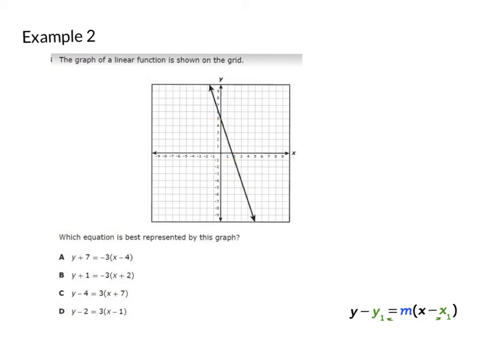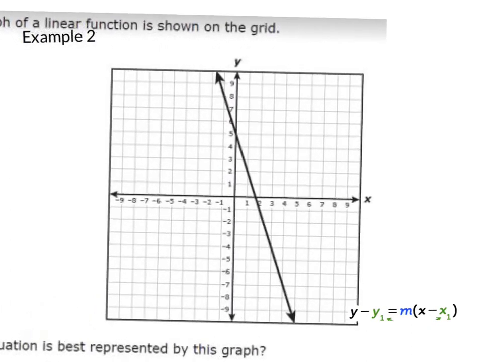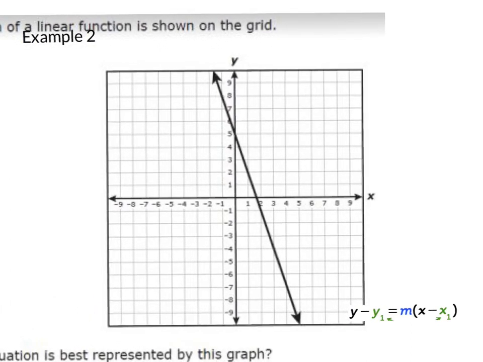Let's go ahead and blow up this graph a little bit so we can take a look at it, all right? Let's identify, first of all, some points that are on this graph. Here's one right here, all right? That would be at an x value of 1 and a y value of +2. Okay, so we have that one. Let's see, here's another one here.